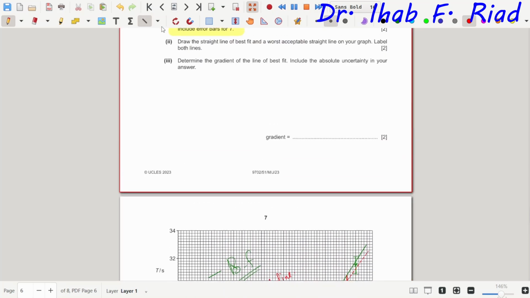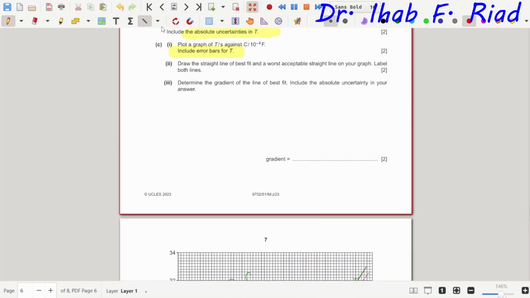So the gradient I'm going to use for the best fit line, I found the gradient of 30.2 minus 14 divide 2 minus 0.92.